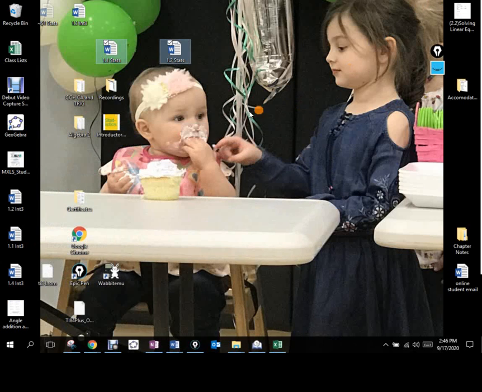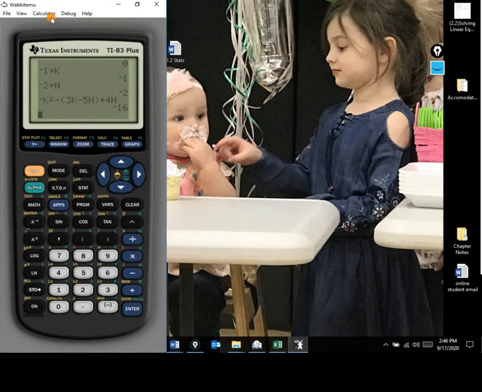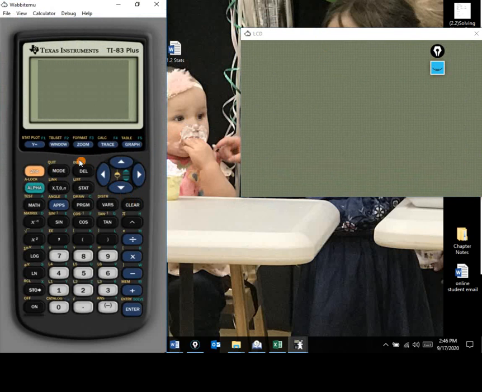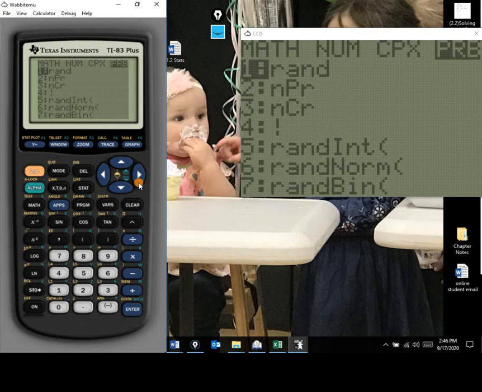It's a little bit messier, but it does have a lot of statistical stuff built into it. If you go to math and then go over to the top where it says PRB, you see where it says rand.